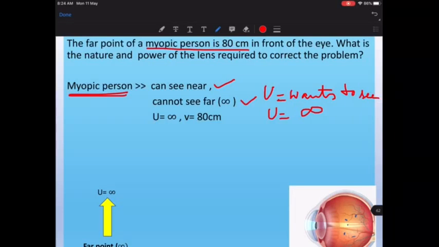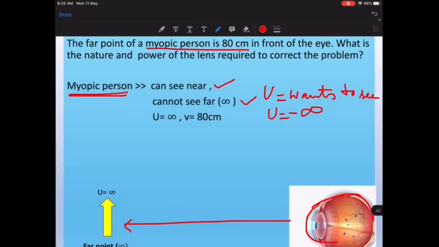But in this case it will be minus infinity, because if this is our eye, then U, the distance, is on the left hand side of the eye, so it has to be minus.